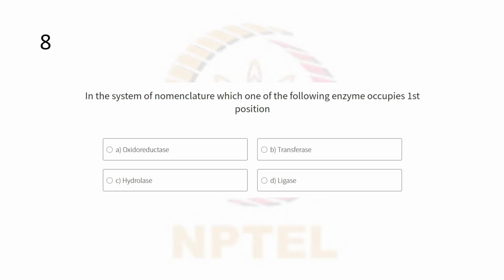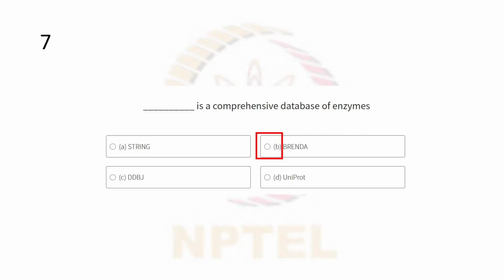Yeah, yes, please. Sir, what does comprehensive database mean? It's generally a comprehensive database, it has information about everything, complete. So it is for an enzyme database.